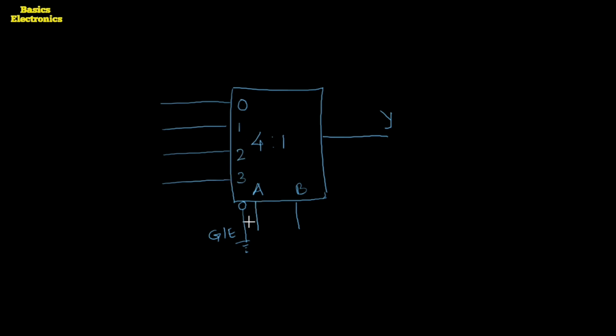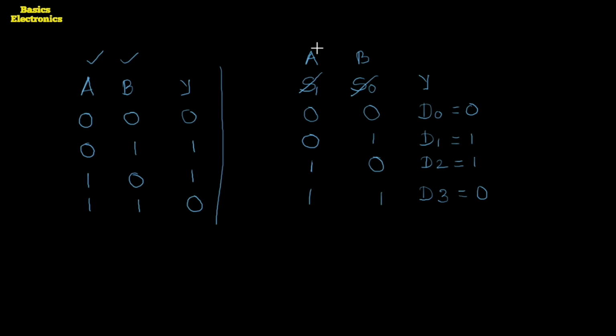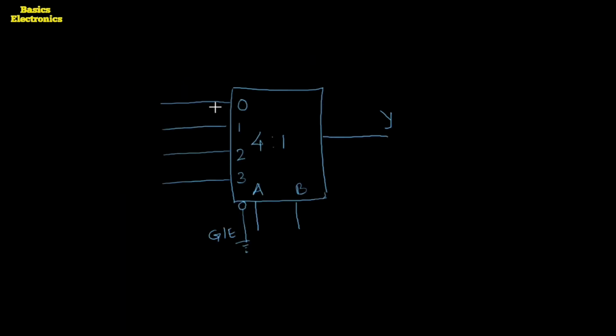As per the given truth table, the second and the third lines we require to connect to logic 1 because their output is equal to 1, and the first and the last lines we require to connect to the logic low. So here I am going to connect these two to logic 1 and the others to logic low.